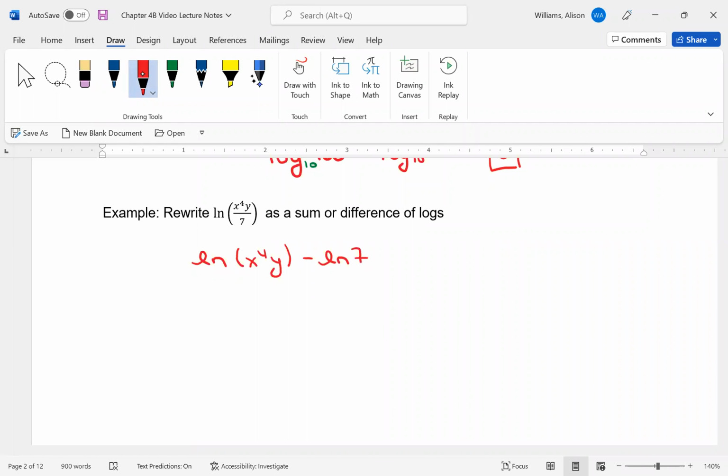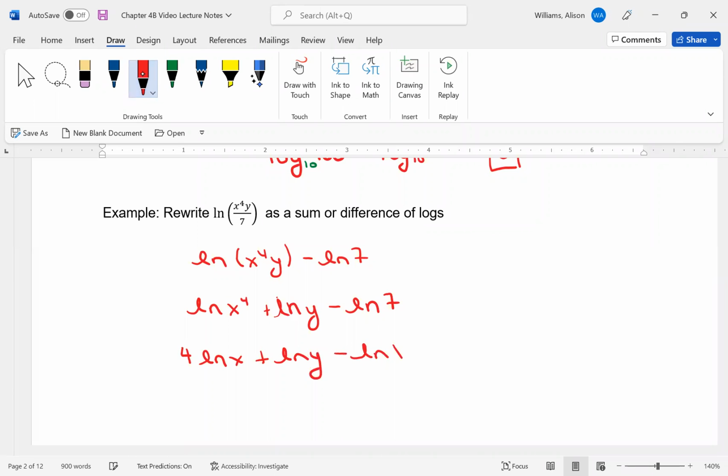All right. Now I'm going to break up the multiplication. Not log, natural log. There we go. I typically use the curly L when I'm doing natural log just because it helps me tell the difference between 1s and L's. And then I'm going to bring that 4 down, that exponent.